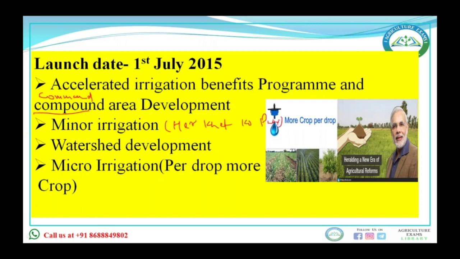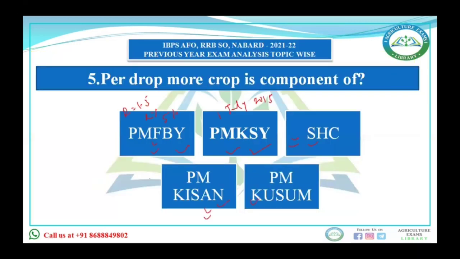After that, watershed development. After that, micro irrigation, means per drop more crop. See, this question was asked about per drop more crop. This is a component of Pradhan Mantri Krishi Sinchai Yojana. Then our answer will be PMKSY. The detailed explanation of the schemes will be given later, but right now we are restricted to the questions only.